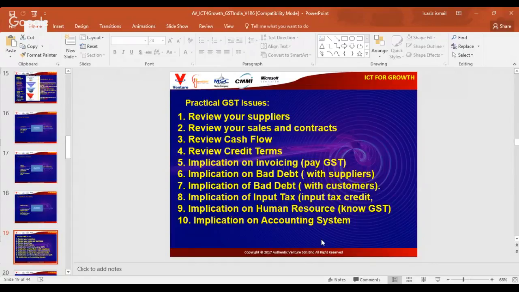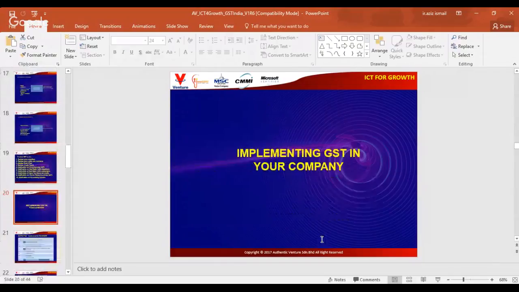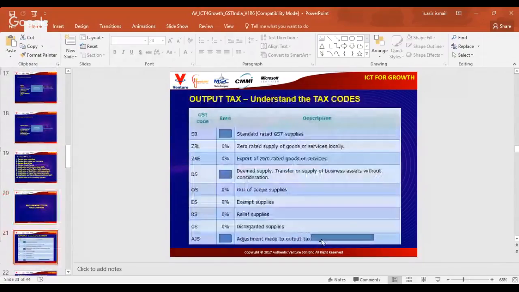Your HR must be trained on the GST, and then your accounting system must be capable of handling the GST accounting. In this session, we are going to show you how to set up the accounting system to comply with the GST. You can do your exercise until before the GST is launched. Okay, this is how you want to implement the GST in your company.